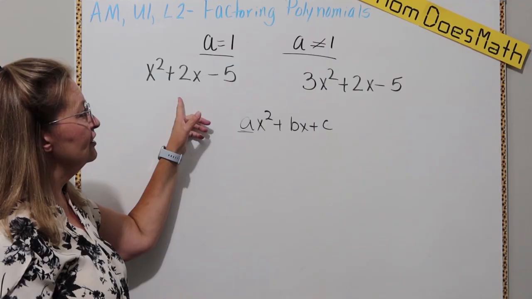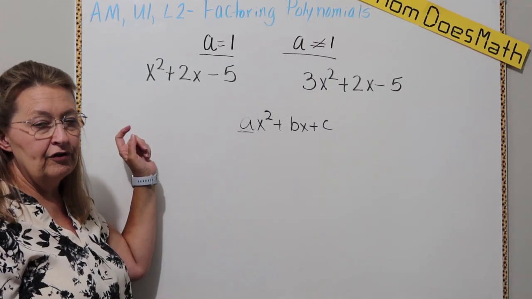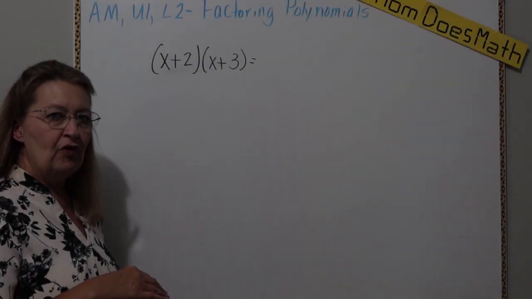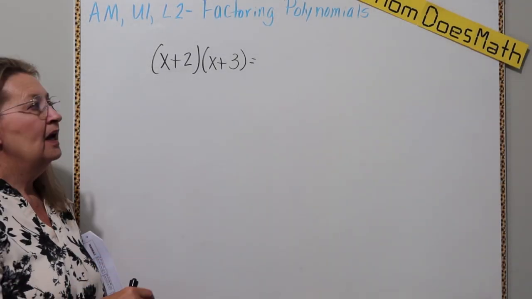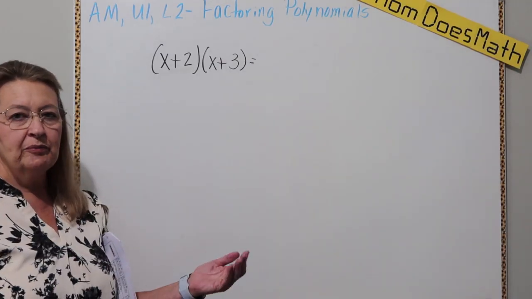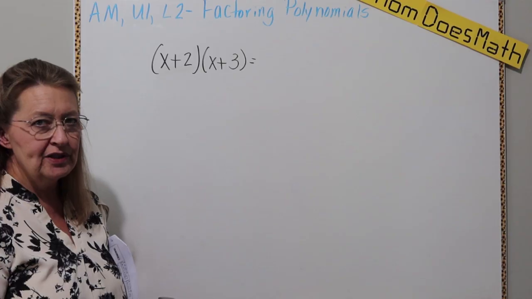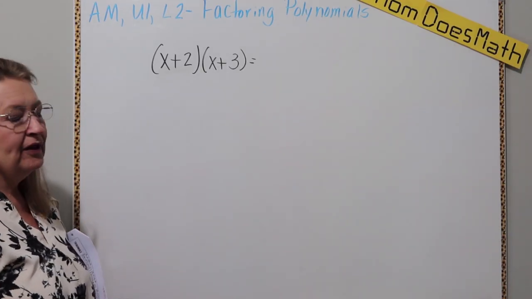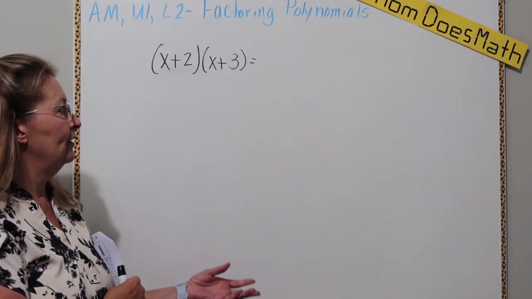So first let's look at trinomials where there is a coefficient of 1 in front of your first term. So before we get into factoring those trinomials, let's back up just a second. I want to FOIL this real quick because factoring and FOILing are opposite operations. And if you know where those terms came from, it's a little bit easier to break them back down.